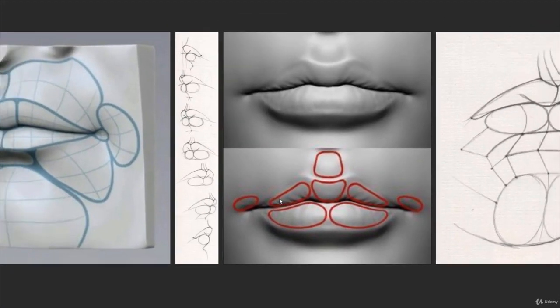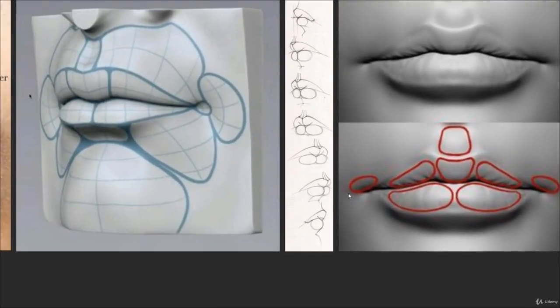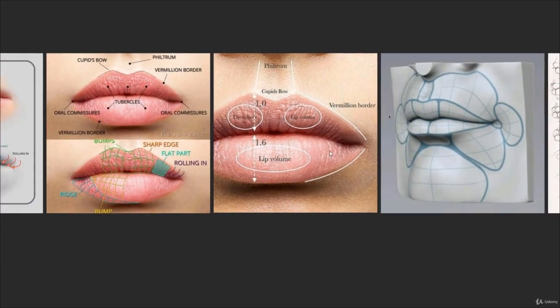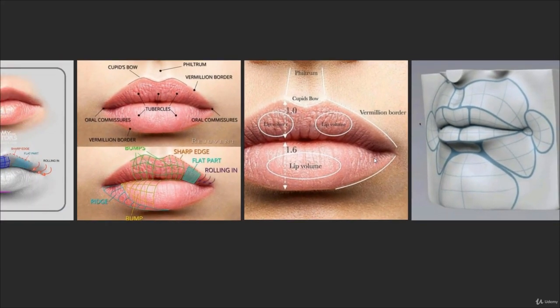And also one thing that is quite important concerning the lower lip is to have this nice transition shape. I'm not sure if this one is anatomy for sculptors, but we have this nice transition shape that is called here the ridge, right?